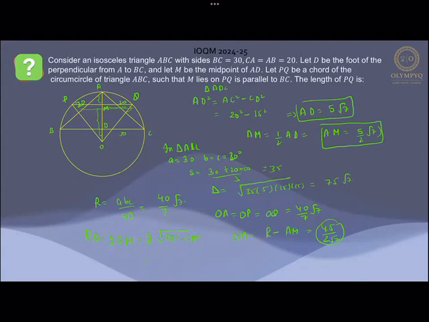So all the values are already known, and that will come out to be equal to 5 root 25. And if it is 5 root 25, the final answer has to be equal to 25 only. And the same thing has been mentioned by the IOQM final answer key as well.